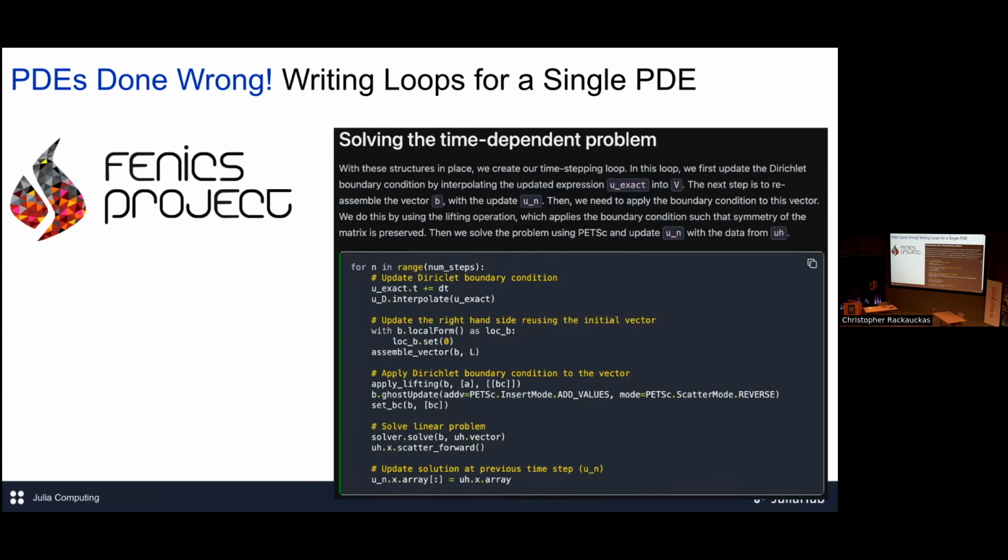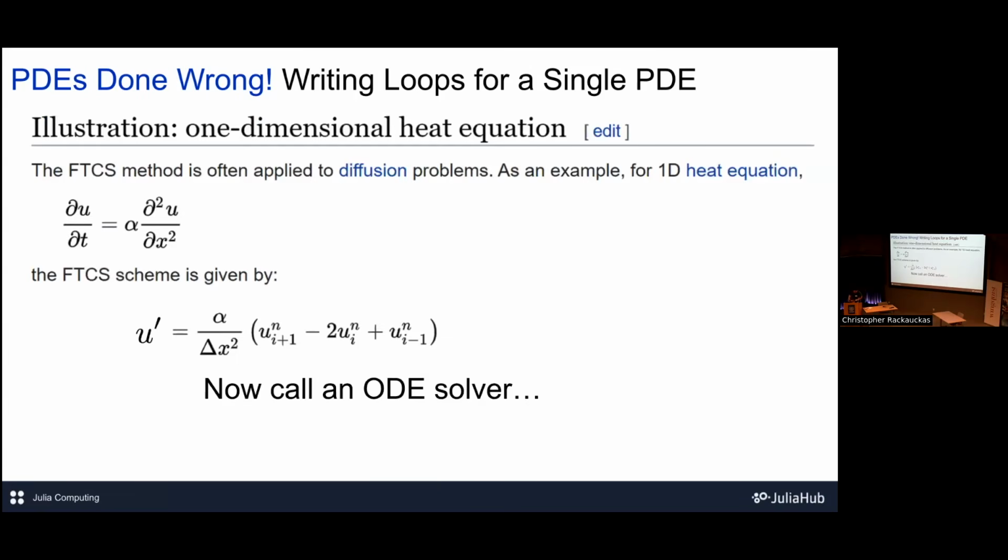Why go through all the work to get PETSc in here and then write an Euler loop over it, right? So what you have to do is start to see that there are actually ways to cut this problem up into multiple different problems, right? We do the discretization of the partial differential equation, and if we leave the left-hand side alone, we have an ODE, and then we call an ODE solver on the ODE that is generated, right?